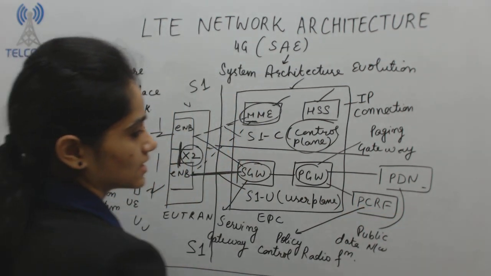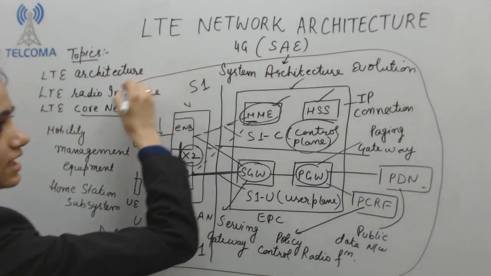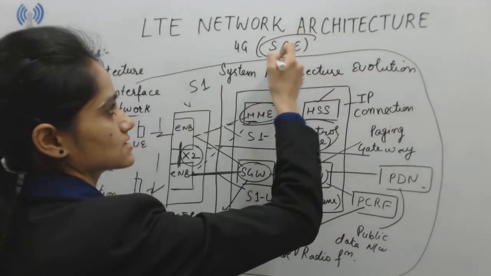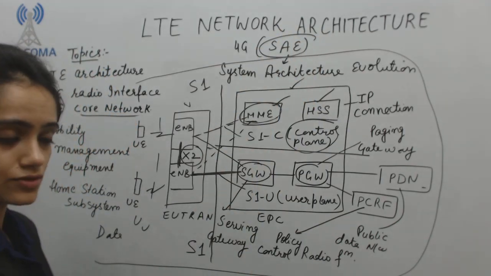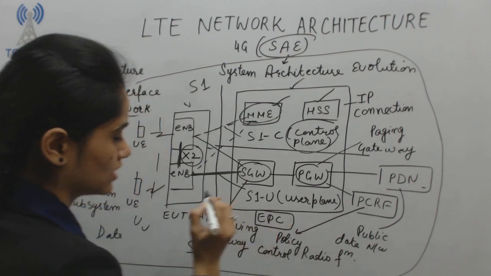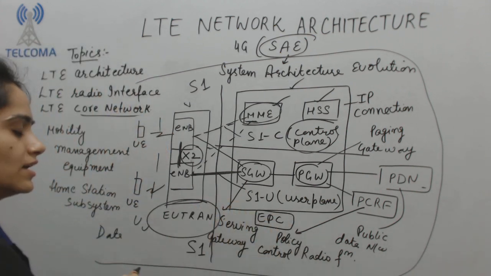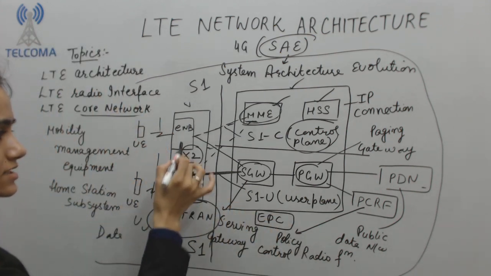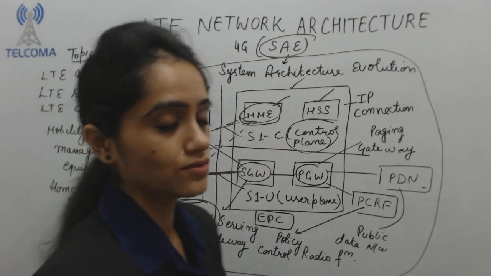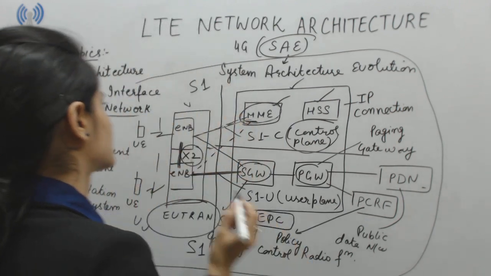So this is the complete LTE architecture, and this evolution of new architecture is system architecture evolution. This new core network is the evolved packet core, and this is the evolved UTRAN part. And these are the X2 interface and S1 interface, S1-U and S1-C interfaces.